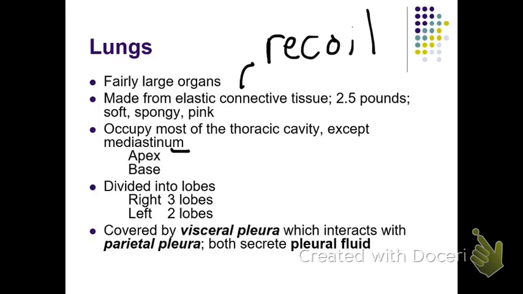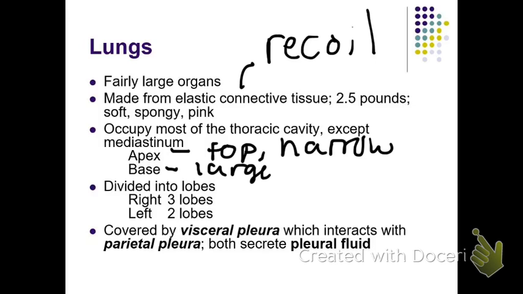The apex is closer to the top, and it is a bit narrow, and the base is a little larger. And we'll see this in the next slide, where everything is nice and labeled. And each lung is divided into lobes, and the right has 3 lobes and the left has 2 lobes.